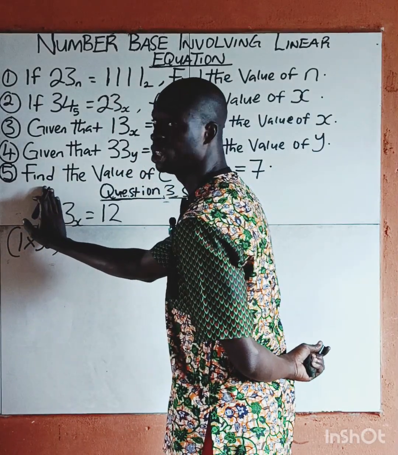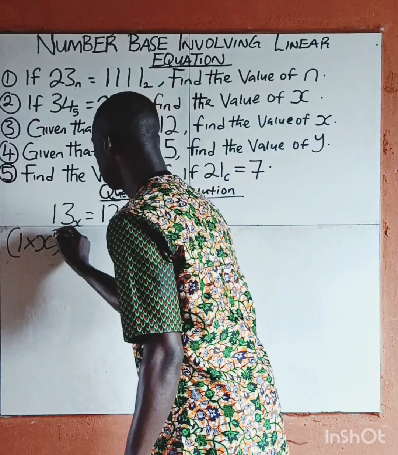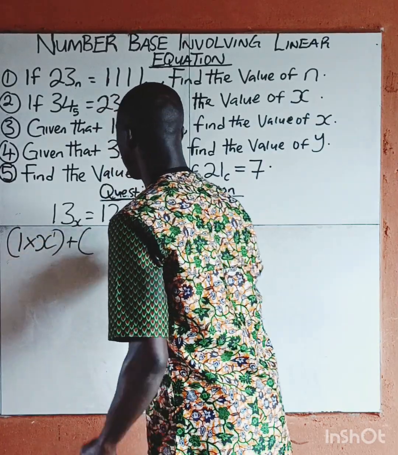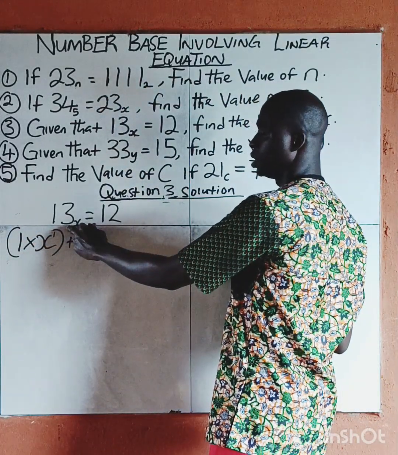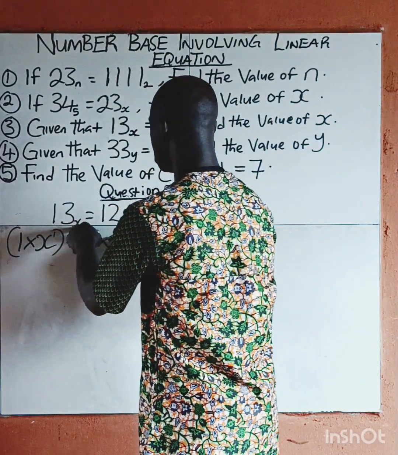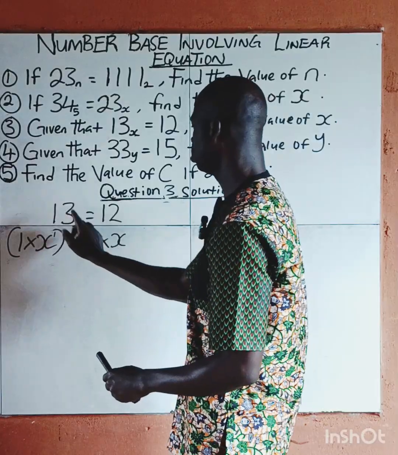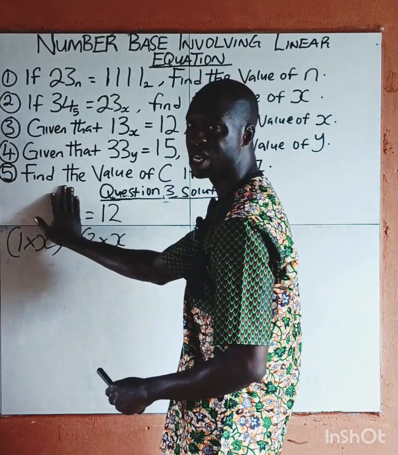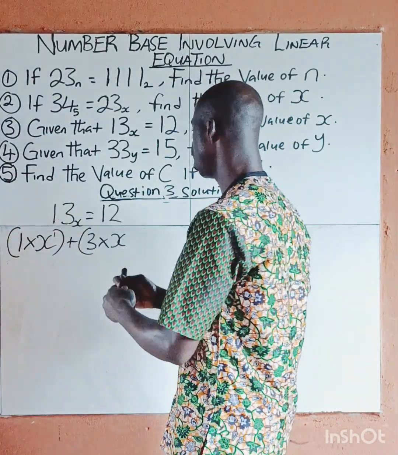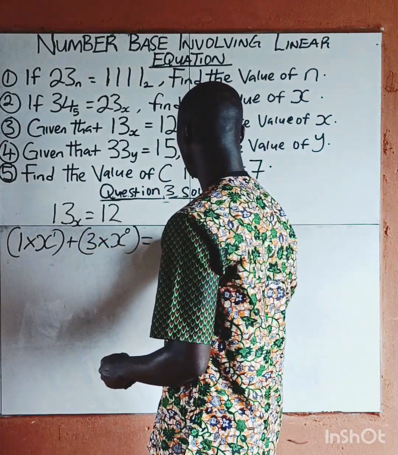If I close this digit I'm currently working on, I have only one digit left, which is just 1. Plus, I open another bracket. What am I having here? I'm having 3, multiplied by my base, which is x. Now, if I close this 3 I'm currently working on, you can see I have no digit left, so I will say x raised to the power of 0 equal to 12.